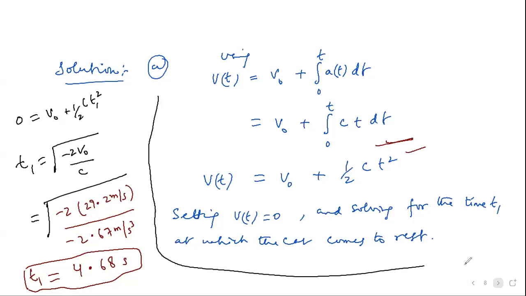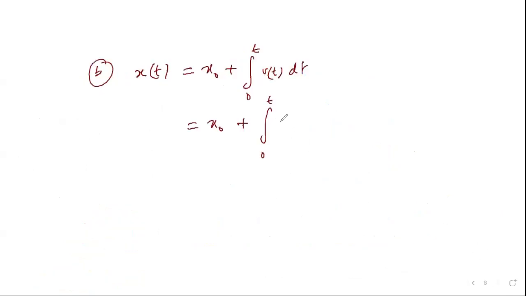I substitute, I write here the integral of v0 plus half Ct square dt, to become x0 plus, when you solve it, v0 t plus what? 1 by 6 Ct cube.